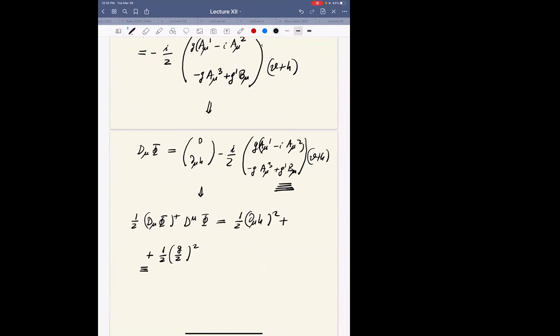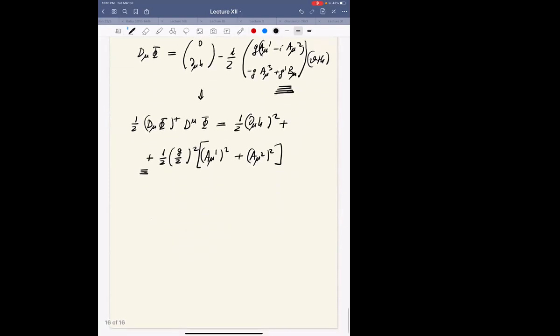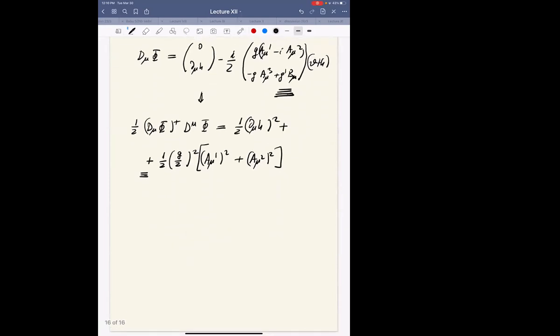So I get A_mu^1 squared plus A_mu^2 squared. I write this separately just to emphasize the point, plus 1/2.